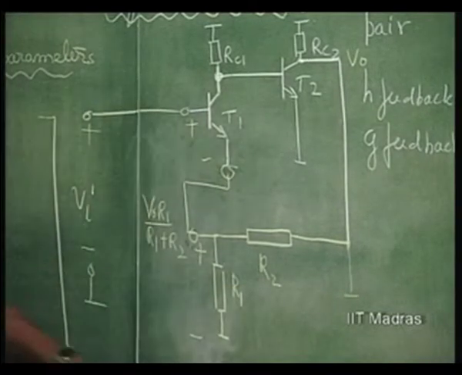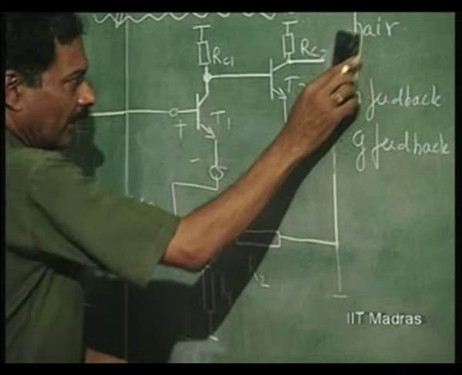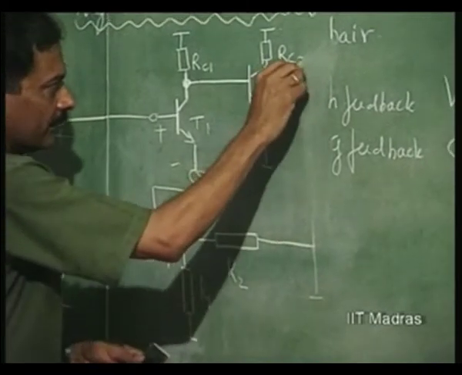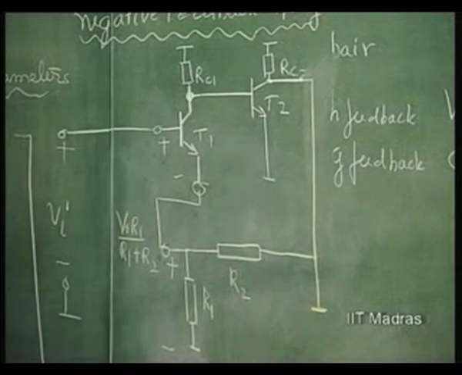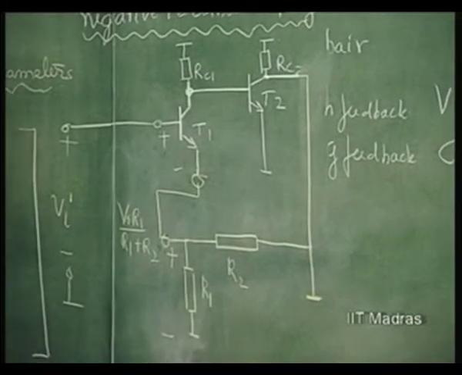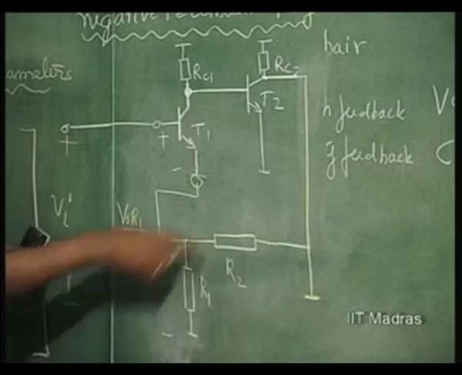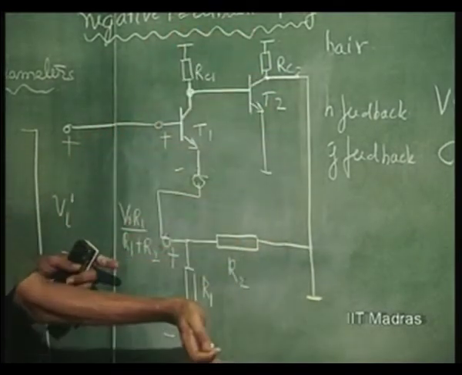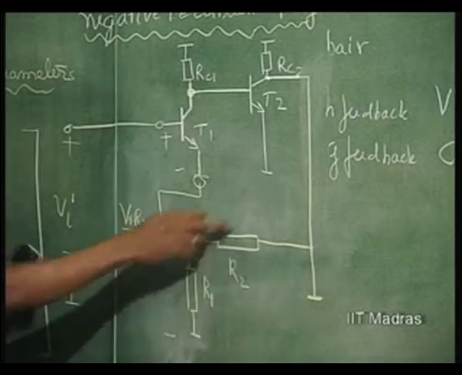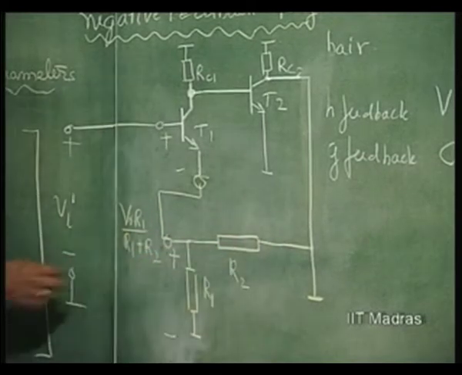Now, you can see when the output is shorted, the feedback comes out of this amplifier, right. These two now get separated and R1 will come in parallel with R2 here at the input.